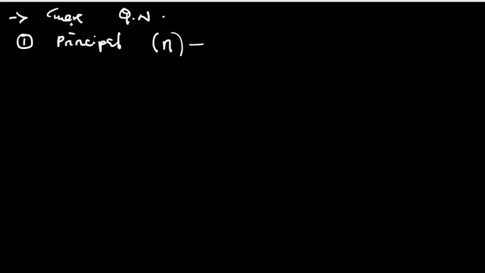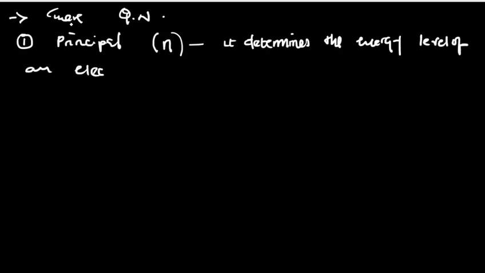The principal quantum number determines the energy level of an electron.